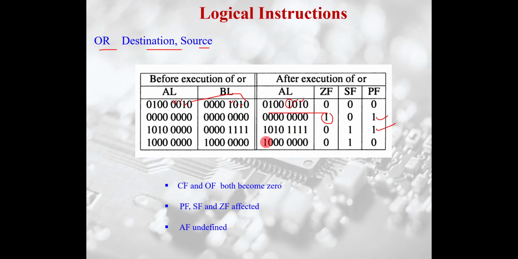This is odd parity, one single one, 1, 2, 3, so it is odd parity, and this is set to 0. And the sign bit you could also see here. The most significant bit is 1, so the sign is set to 1. The only difference from the AND case is that a bitwise OR operation is being done here. So this is how OR works.